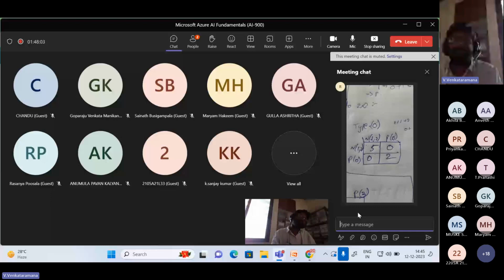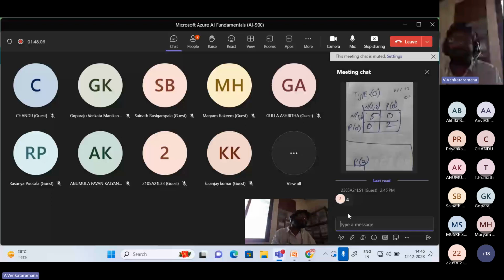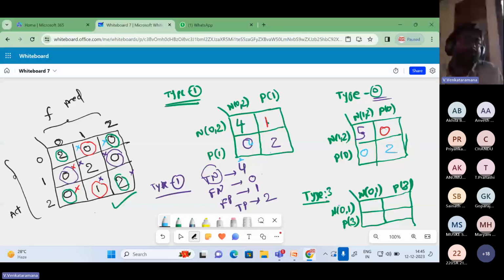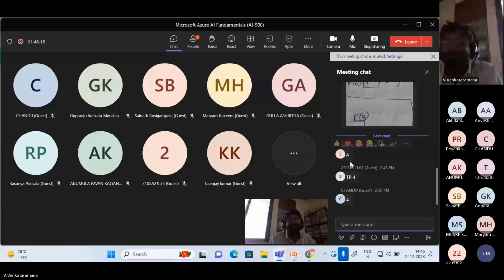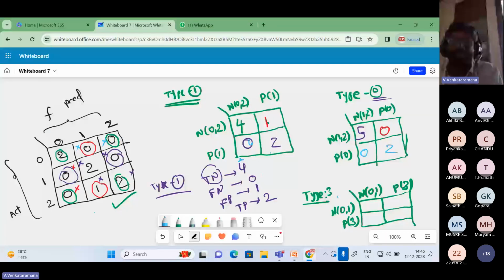I'm asking about this cell, negative, negative. So 0,0, 0,1, 1,0, and 1,1 criteria. 0,0 this one, 0,1 this one, 1,0 this one, and 1,1 this one. So total 4, right? It is a 4.